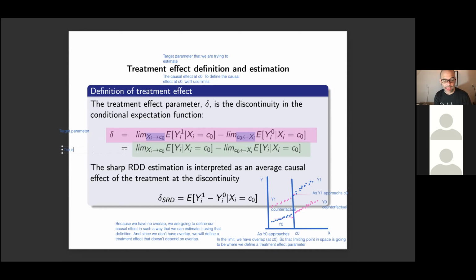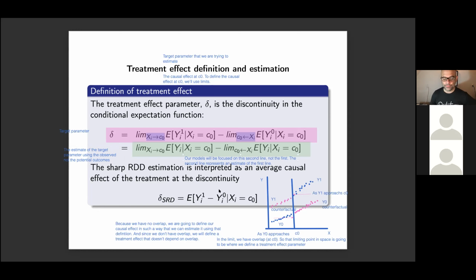This will be the estimate of the target parameter using the observed, not the potential outcomes. Our models will be focused on this second line, not the first. The second line represents an estimate of the first line.